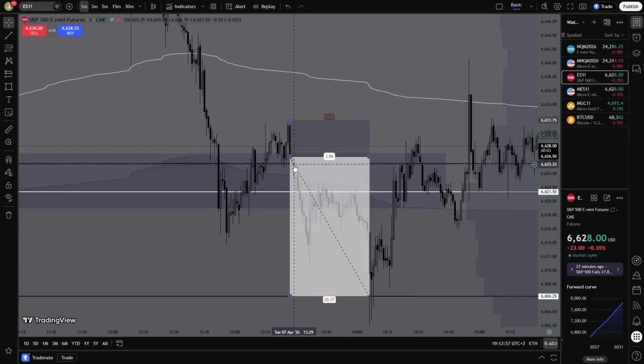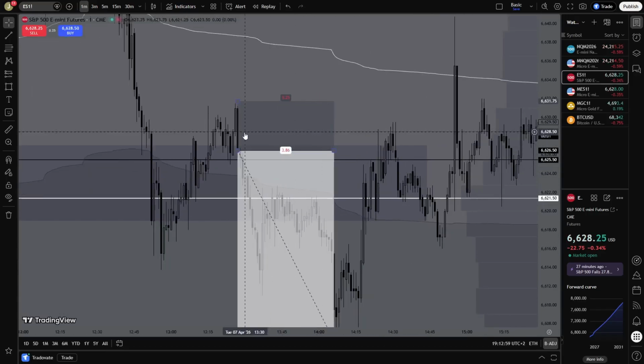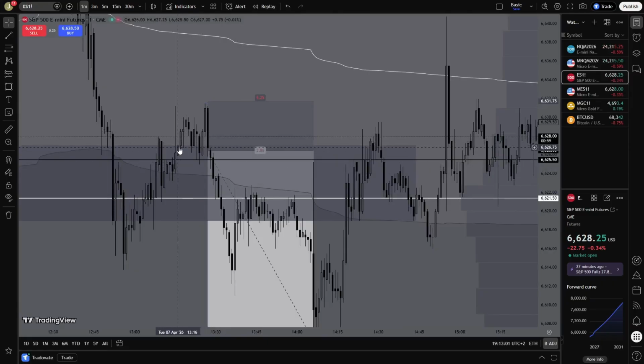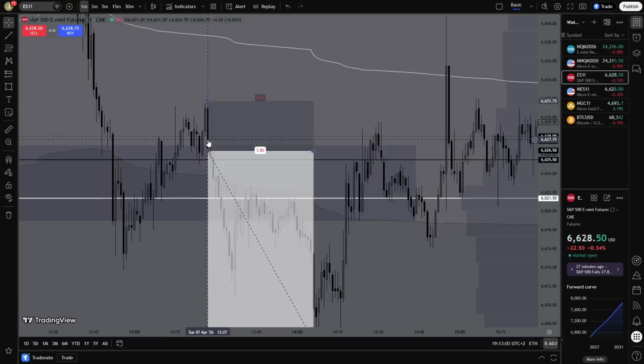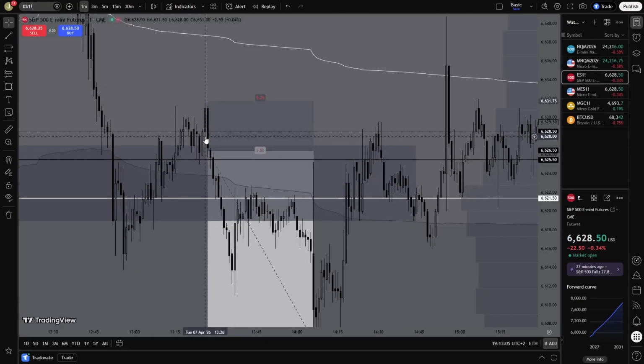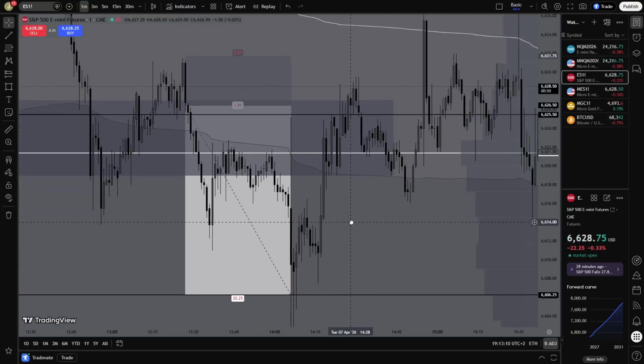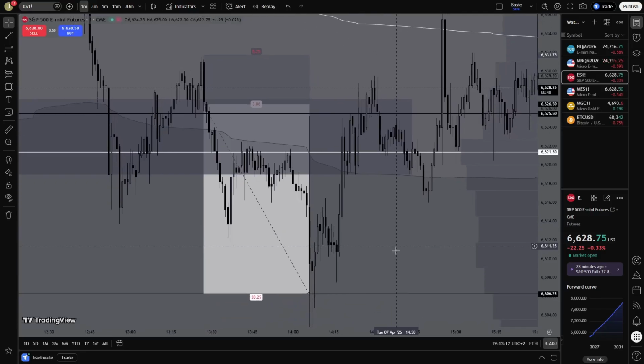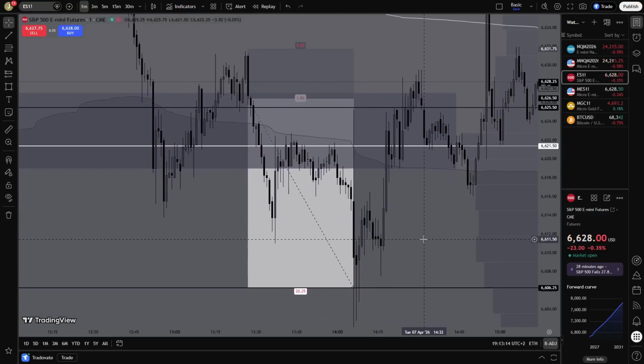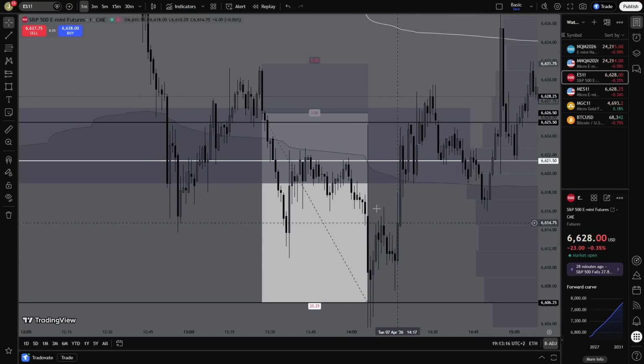You see, you could have traded it with PNF also. This is a consolidation on the 30-second. You could have traded it. This would be a fair value gap, and you could have traded down. But I find this more precise.